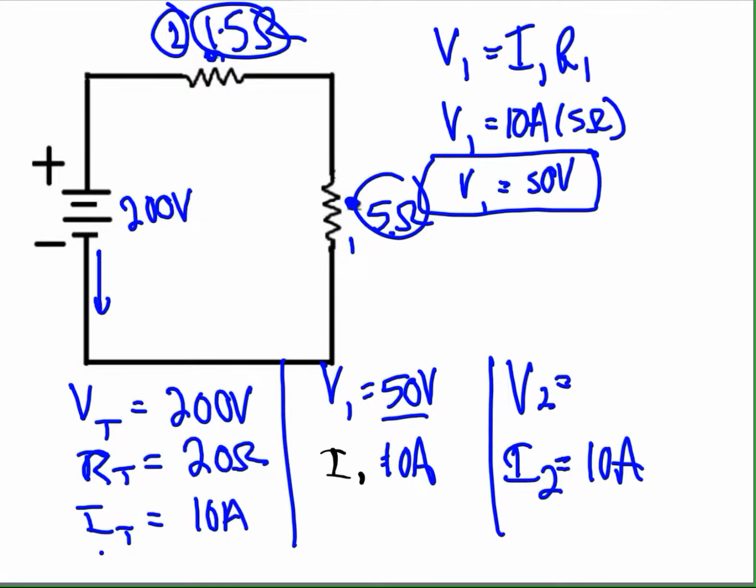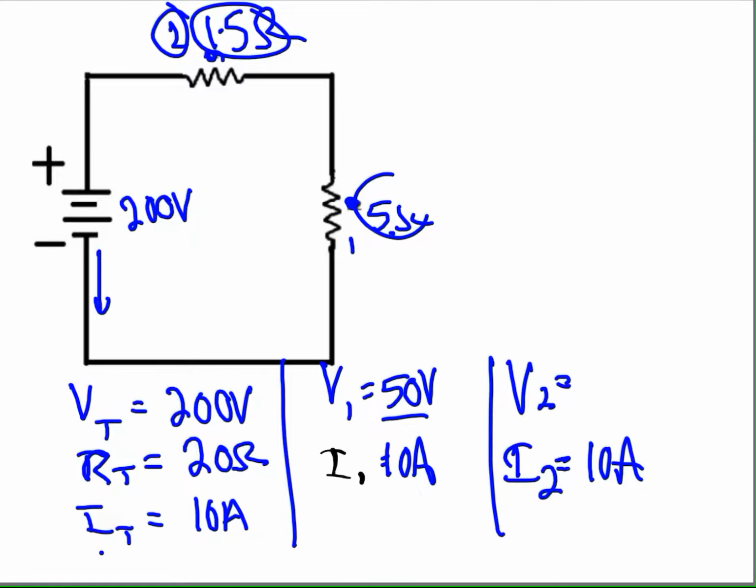Now, as I said before, you can very easily do V equals IR again for this guy. So this is 15 ohms.